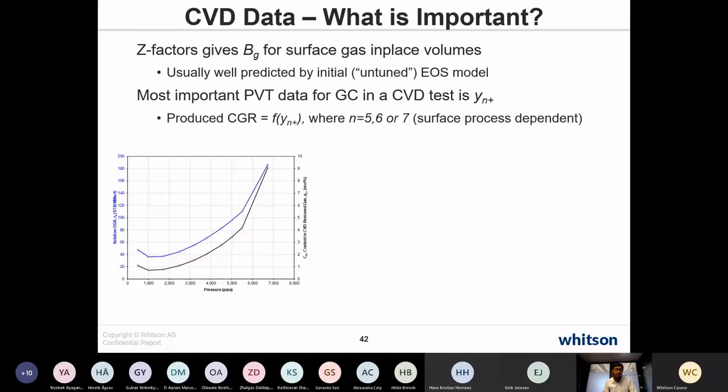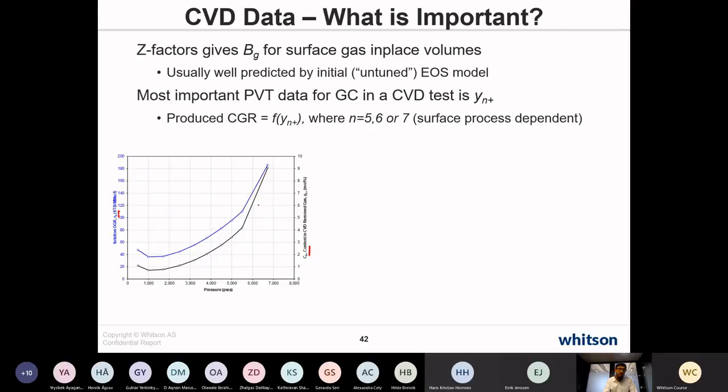So this is something I was mentioning before, that if you plot, for example, the C6 plus content in the CVD removed gas versus the solution GOR or OGR, this little Rs or the Rv from the CVD experiment, you will see that they have identical shape.